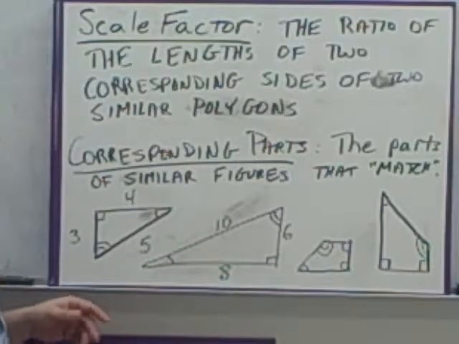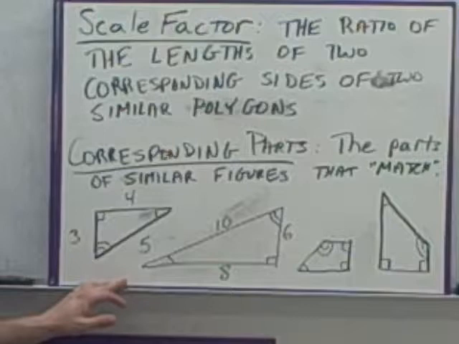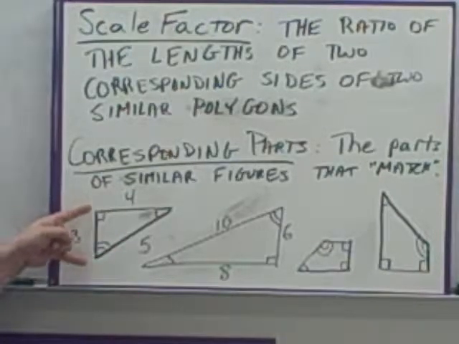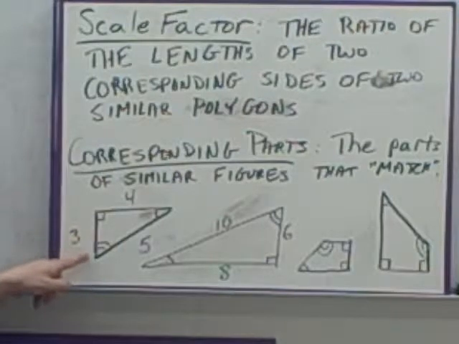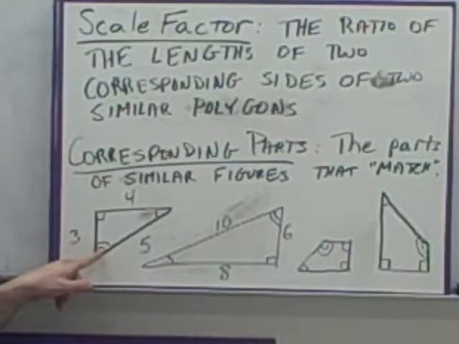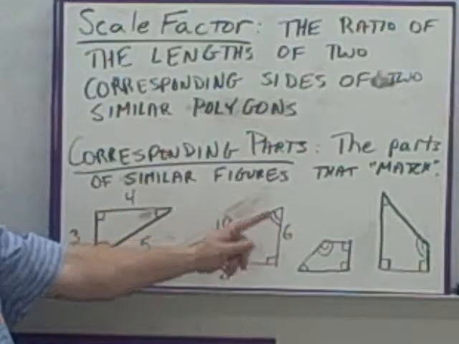They're not going to be exactly equal, but they're the same side on the different figure. Looking at these two triangles, I'm told that they are similar. I need to match up the sides. Well, this side here has a length of 3. It's got the 90-degree angle and the double arch angle connected to it. This one has the 90-degree angle and the double arch connected to it.